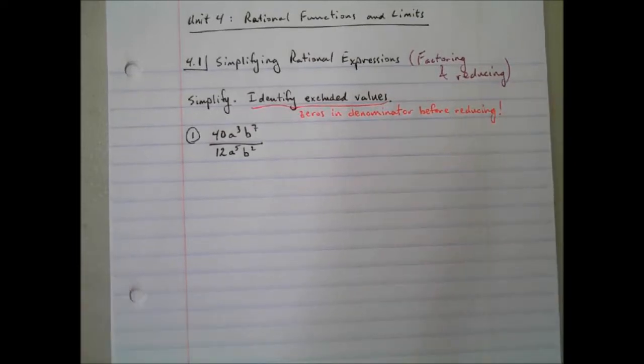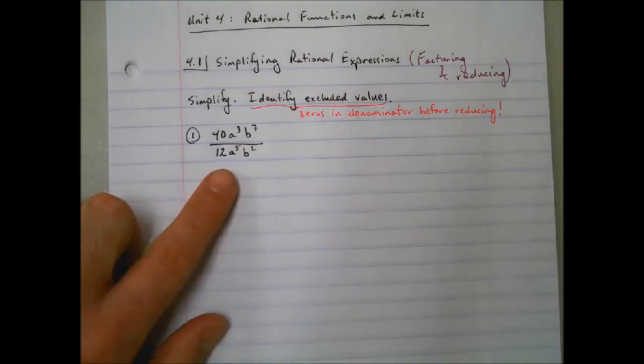Because if we have a zero in the denominator, dividing by zero causes the expression to become undefined. Now, typically, you want the denominator to be in factored form before you identify the zeros in the denominator.